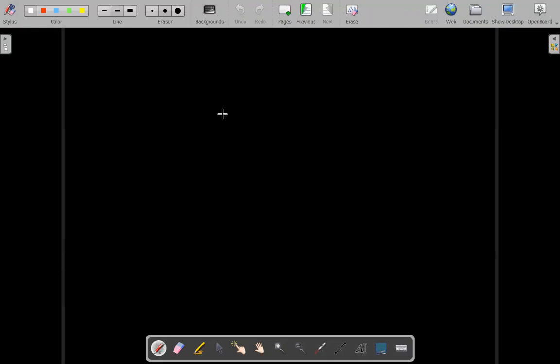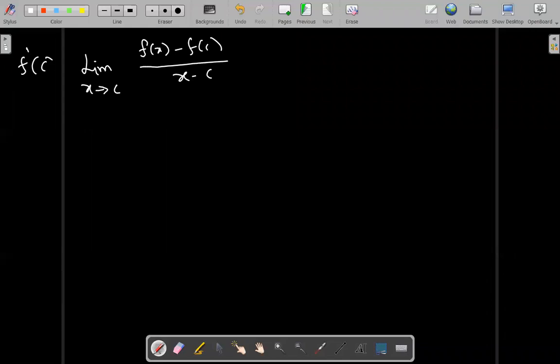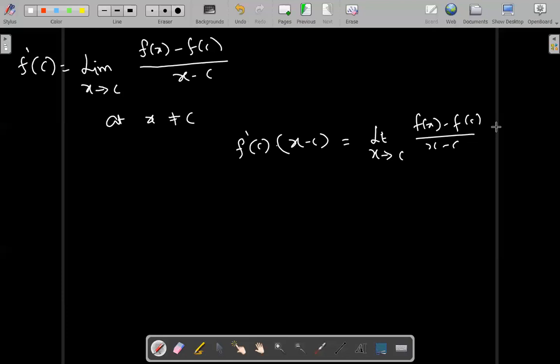If f is differentiable, the meaning of differentiation is limit x tends to C of f of x minus f of C divided by x minus C. This is nothing but f dash C. This is the definition of f dash C. For x not equal to C, because if x equal to C this becomes undefined, we can multiply by x minus C. So we are trying to do f dash C multiplied by x minus C equal to limit x tends to C of f of x minus f of C, into x minus C. I am multiplying both sides with x minus C. That's all I am doing.